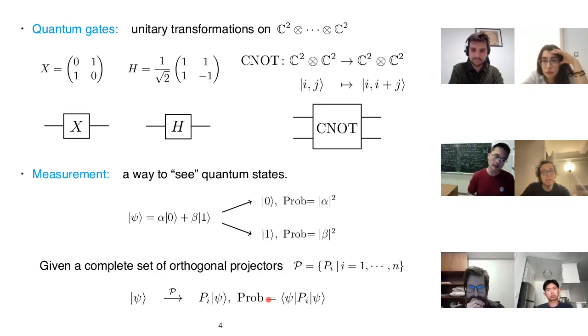More generally, there's a more general notion of measurement, which consists of a complete set of orthogonal projectors P. Then by measuring a state with respect to these projectors, we end up with a state which corresponds to projecting the initial state using one of the projectors in the measurement, again, with some probabilities.